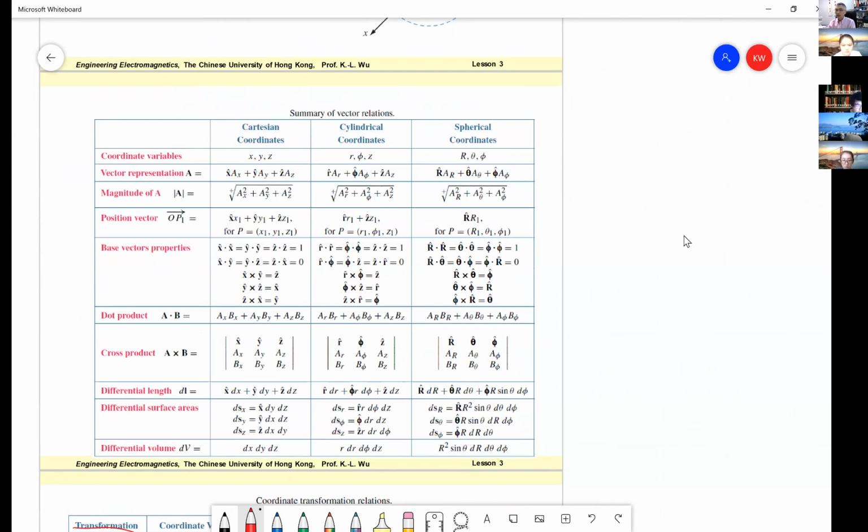And also, this page summarizes the basic properties: how we define these three important orthogonal coordinate systems by the right hand, and how the unit vector is defined.